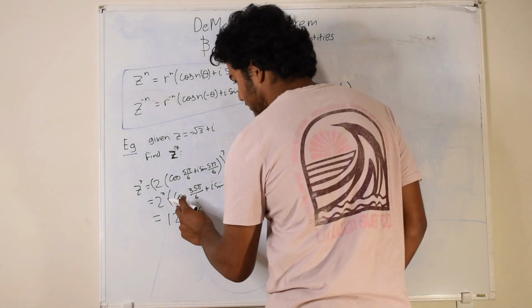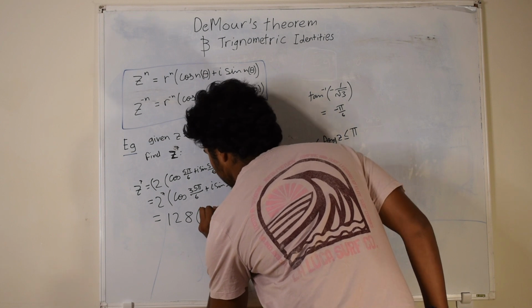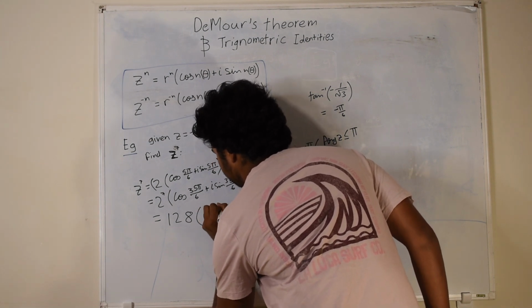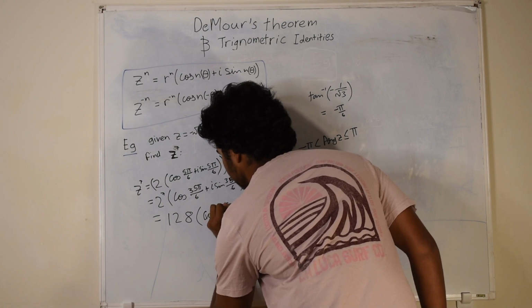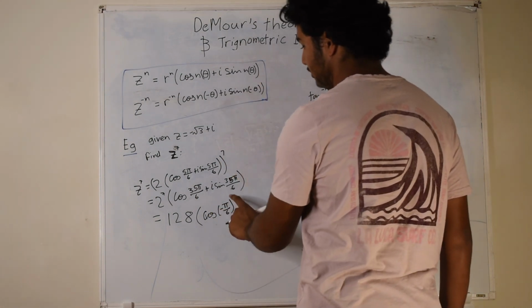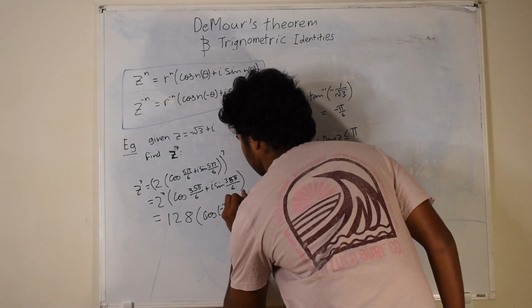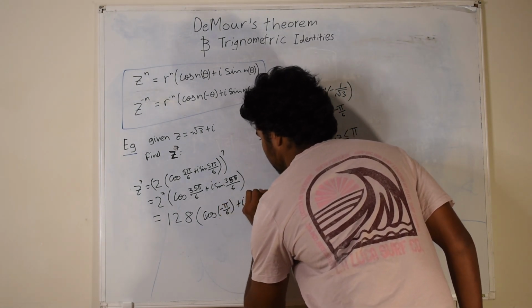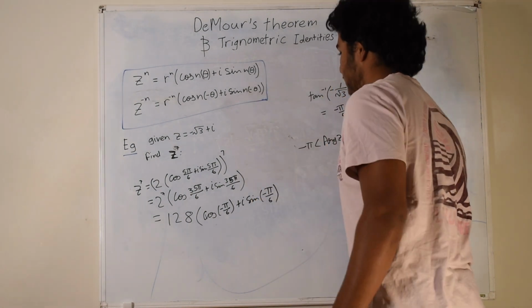So the final answer becomes 128 cos negative pi upon 6 plus i sin negative pi upon 6.